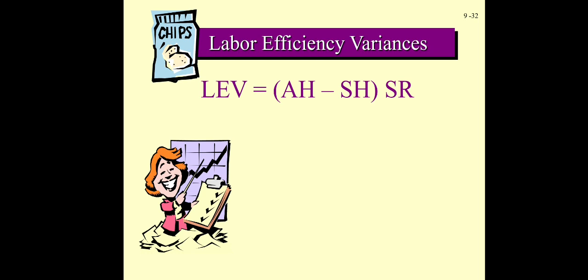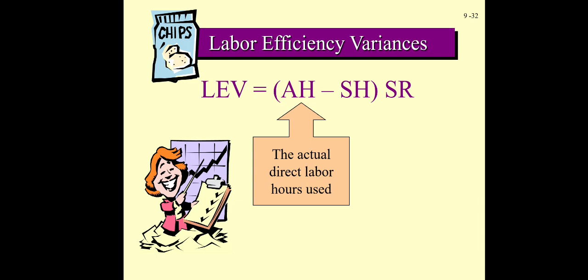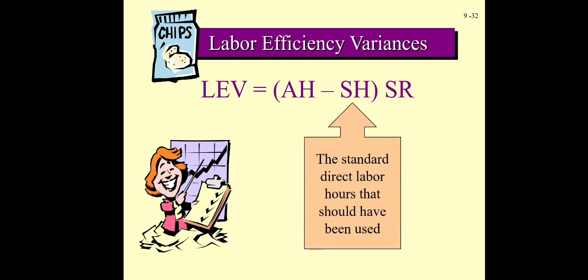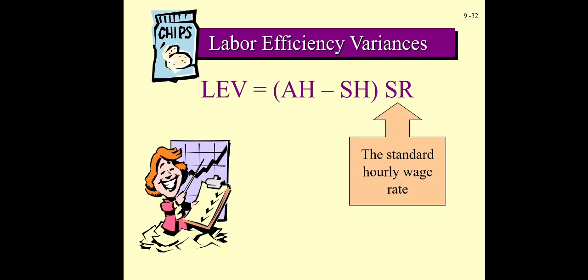So the formula is labor efficiency variance equal to actual direct labor hours used minus standard direct labor hours that should have been used. Standard hours is what should have been done, and then times the standard hourly wage rate.